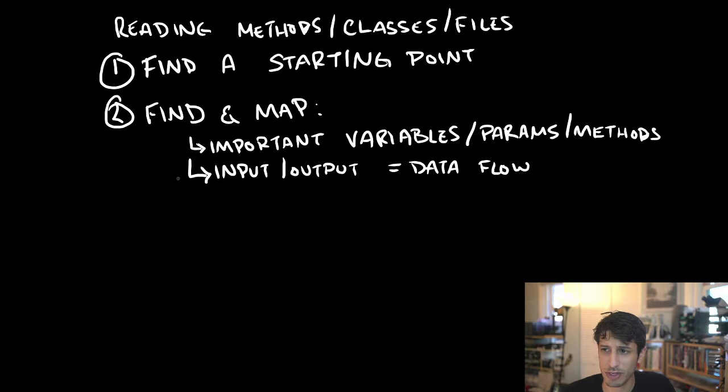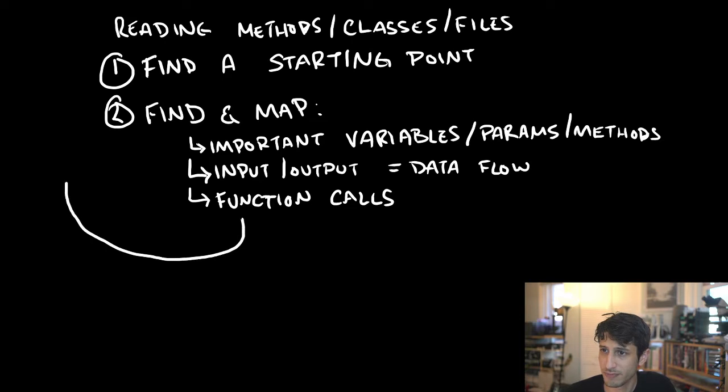And then for other functions that are called, that's the third one, function calls. When a function or a method calls a different function or method, we're going to start to map those out as well. And for each of these, we're going to repeat this over and over until we've started to build out a map of what's going on.